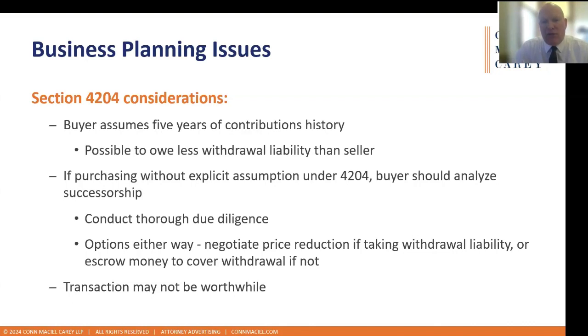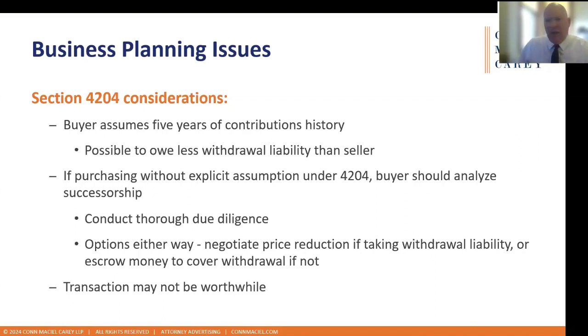You want to make sure that you do your due diligence and take that withdrawal liability into account, even if you're not doing an asset sale under 4204, because you can get stuck with the withdrawal liability even if you try to avoid it. The general rule under corporate matters is that if you're doing an asset purchase, you don't take on the liabilities. That's usually the whole purpose of doing an asset purchase.